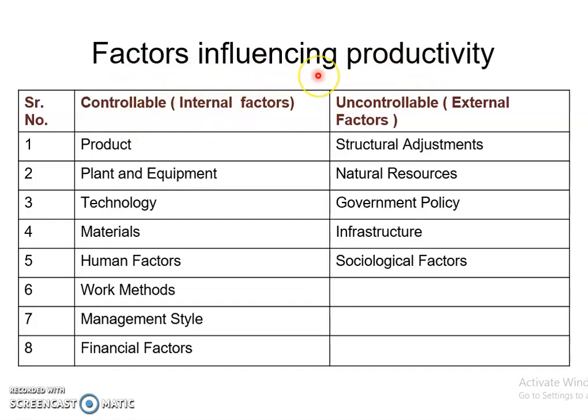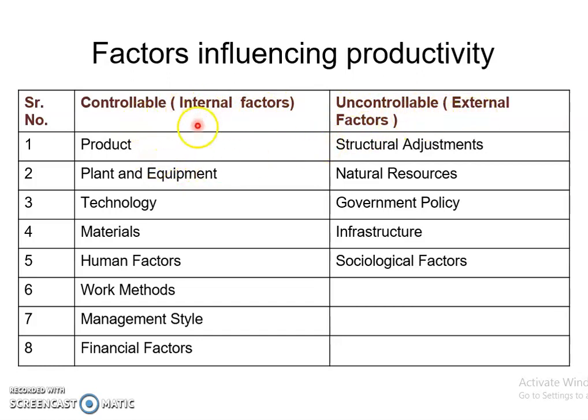There are various factors that affect the productivity. Productivity is nothing but the two quantities, outputs and inputs, so we look at the factors affecting the inputs as well as the factors which affect the outputs. These factors are divided into two types: controllable factors, that is internal factors, and uncontrollable factors, that is external factors.